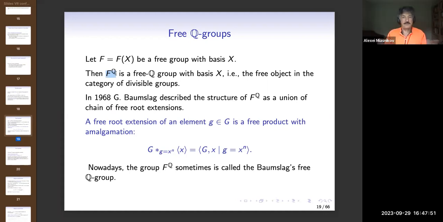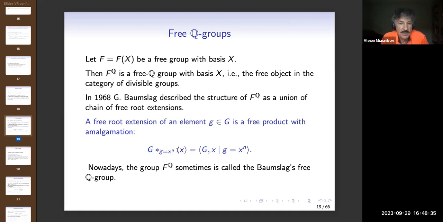And Gilbert Baumslag was the first who described the structure of this group, quite similar to what I was showing a few slides ago: you get F^Q as a direct limit of a countable sequence of free root extensions. So it's the same thing, really. It's an amalgamated product again. You can think about it like that.